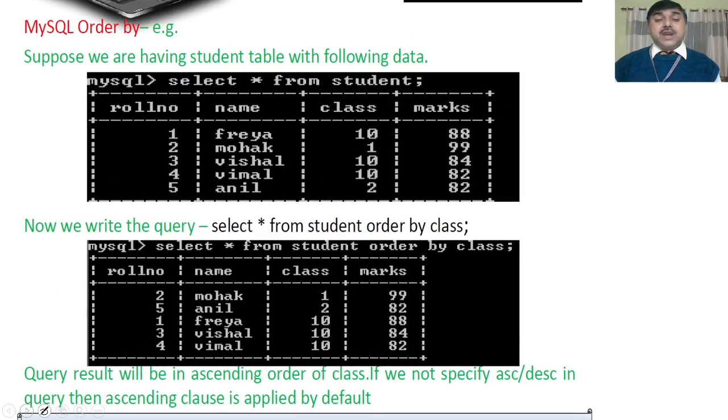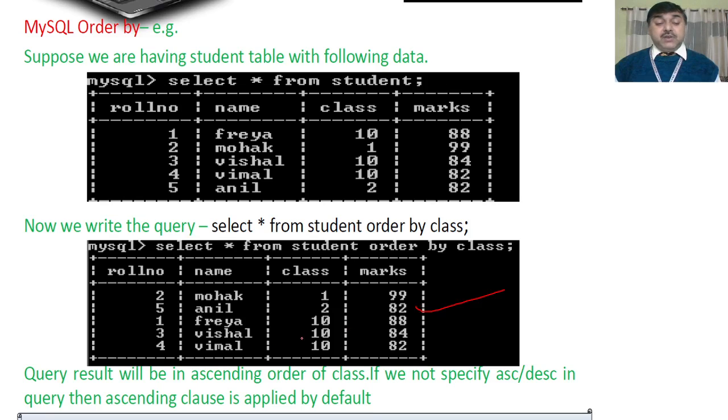See here, I have used an ORDER BY clause: SELECT * FROM student, so everything will be there. After that I have done SELECT * FROM student ORDER BY 15. With the ORDER BY clause the result works the way we want.